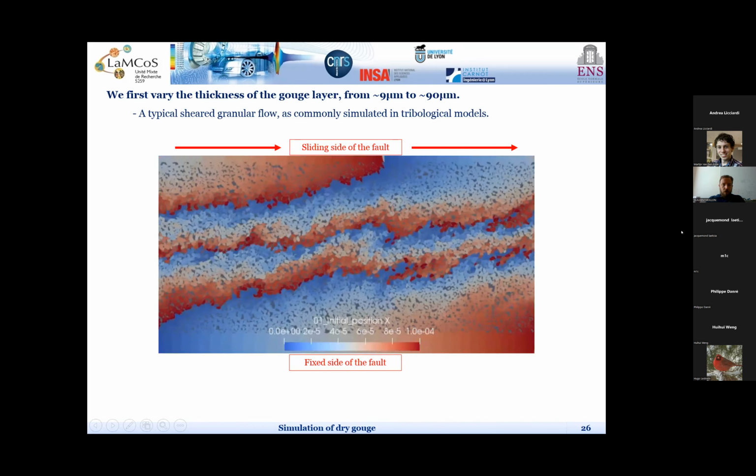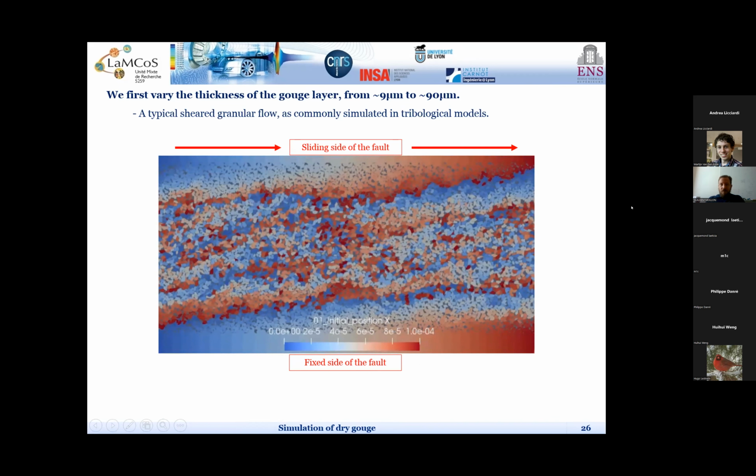So the kinematics and the shear patterns and the motion of the grains here emerge spontaneously from the friction loads and from the shape of the grains, etc. We do not control the kinematics here. So this system is extremely flexible and can tell us a lot about what happens inside the fault.